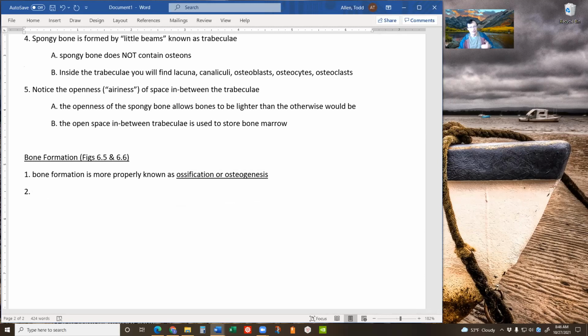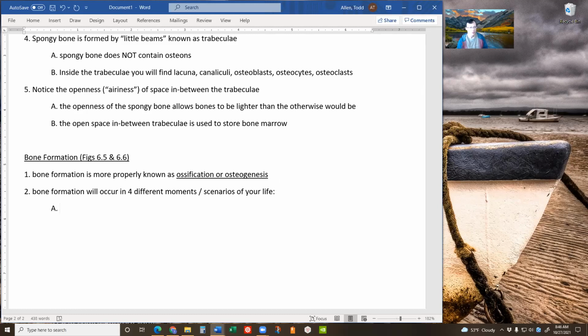All right. Basically, there are 4 moments of your life in which bone formation is going to take place. Bone formation will occur in 4 different moments, or if you prefer the word, scenarios of your life. Here's what they are.